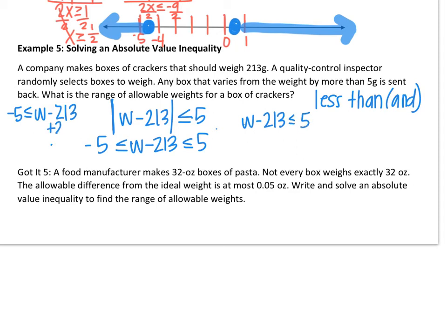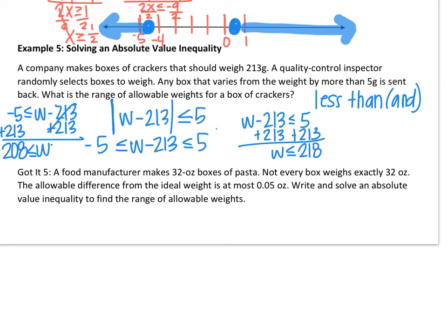And solve it, so we're going to add 213 to both sides. And we get 208, and we get 218. So the box has to weigh between 208 grams and 218 grams.